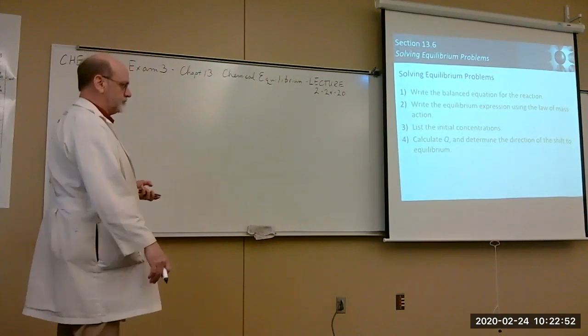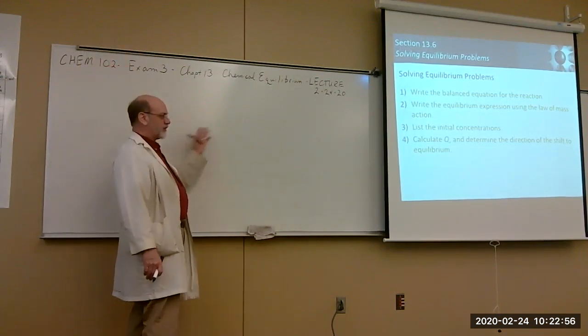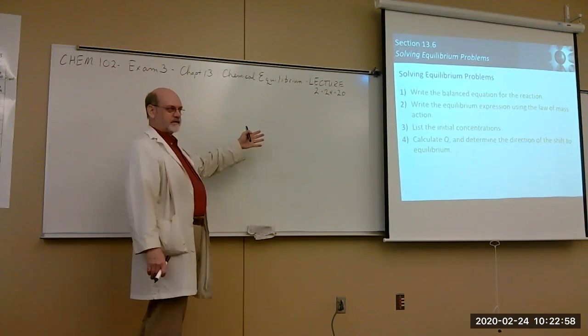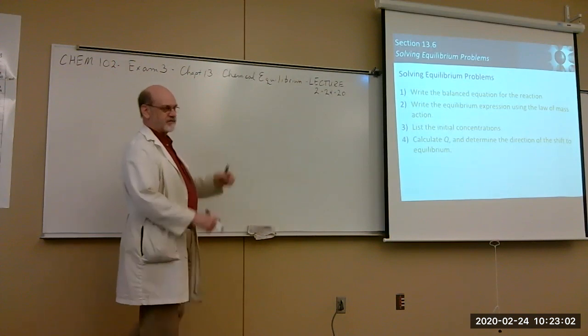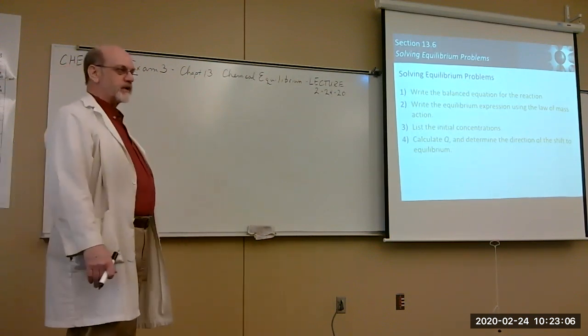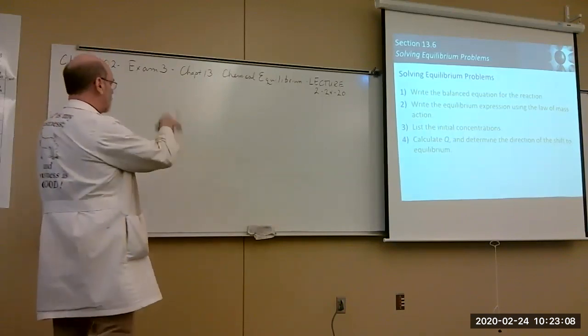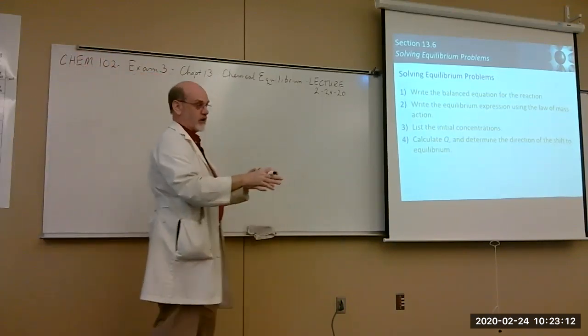Of course, do we need to calculate Q every time? If one side has no values, then we know which way the reaction's going, so I just eliminate Q. Q is only valid if you're given initial conditions where you have concentrations of reactants and products at the same time before the reaction starts.